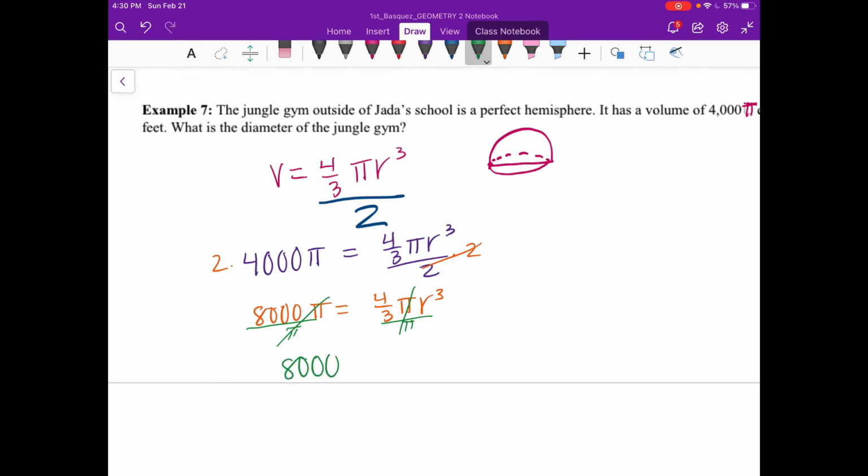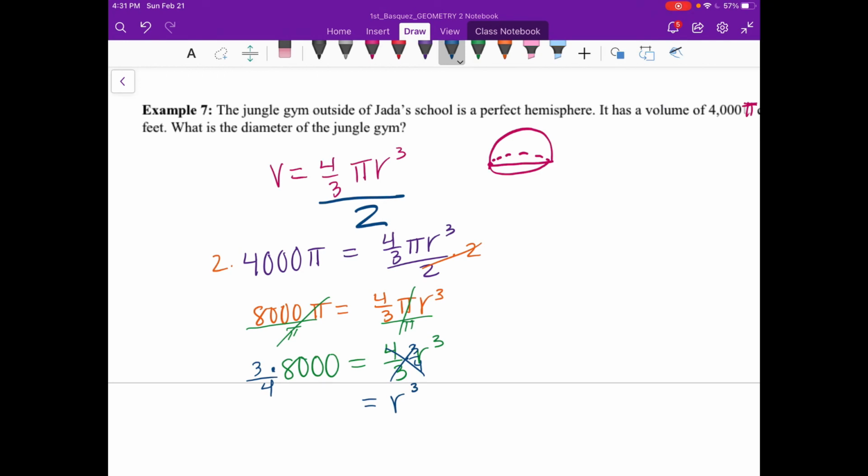So I really have 8,000 equals 4/3 and then r cubed. Now, the way that we're going to get rid of the 4/3 is you can divide by 4/3 or think of it as multiplying by the reciprocal. So multiplying by 3/4. And you can do that as divide or multiply by 3 first and then divide by 4. So that's going to cancel it over here, and this is going to give me r cubed on the right.